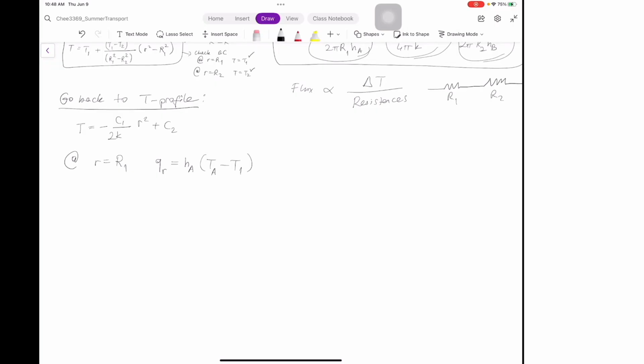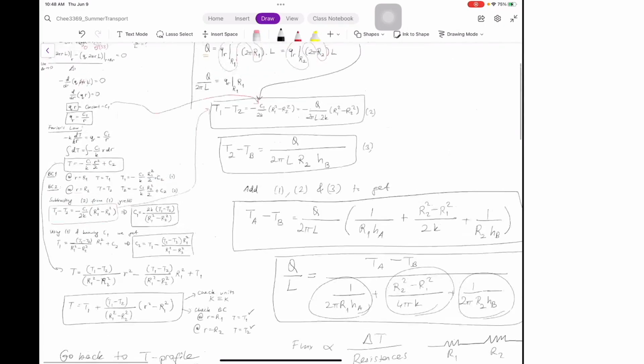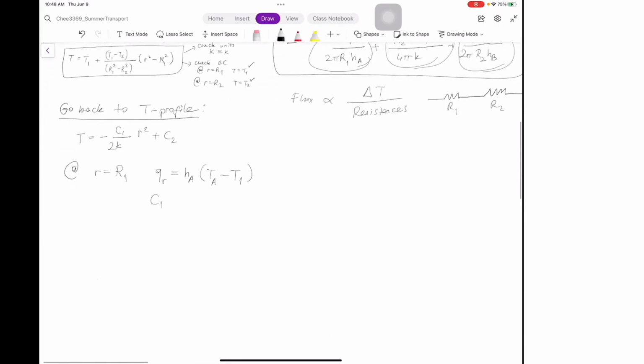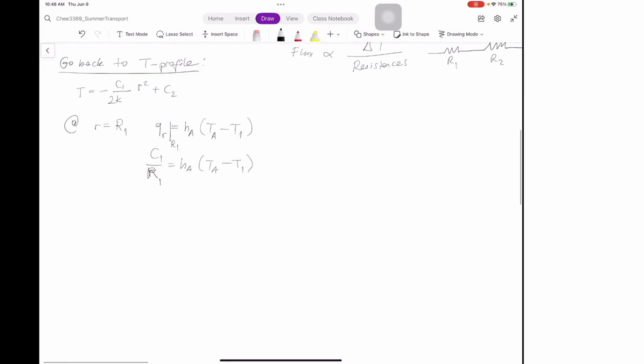And if you calculate the QR, it is nothing but from our previous analogy, C1 over R, which is basically C1 over R1 equals HA times TA minus T1. Okay, that's one equation.